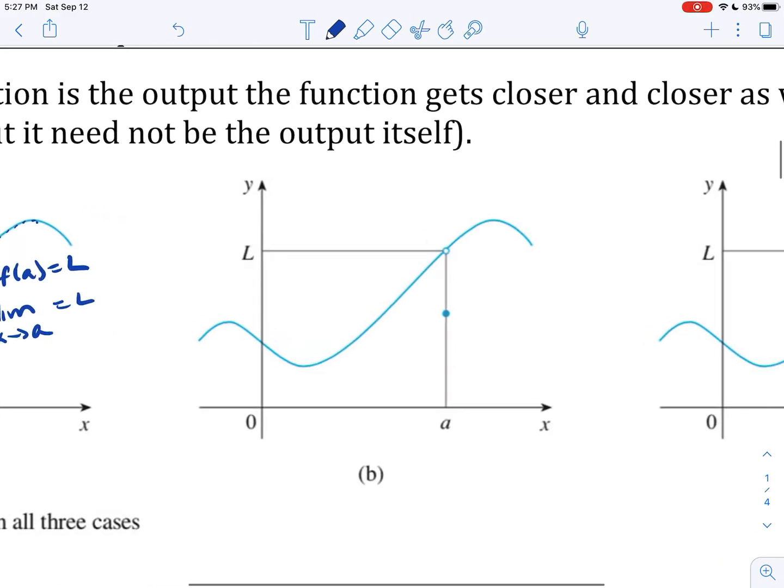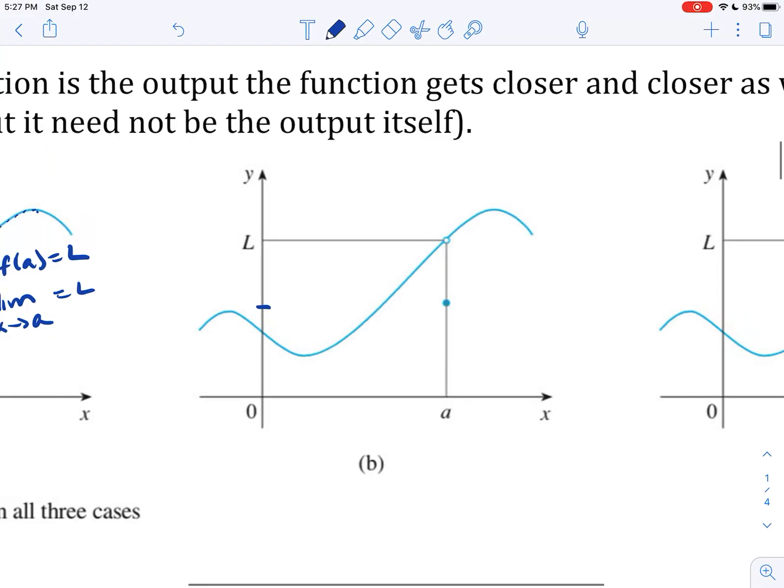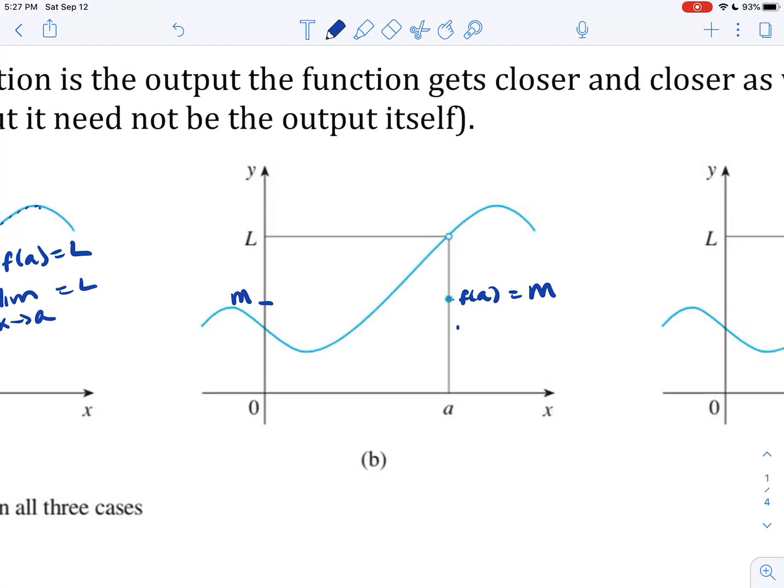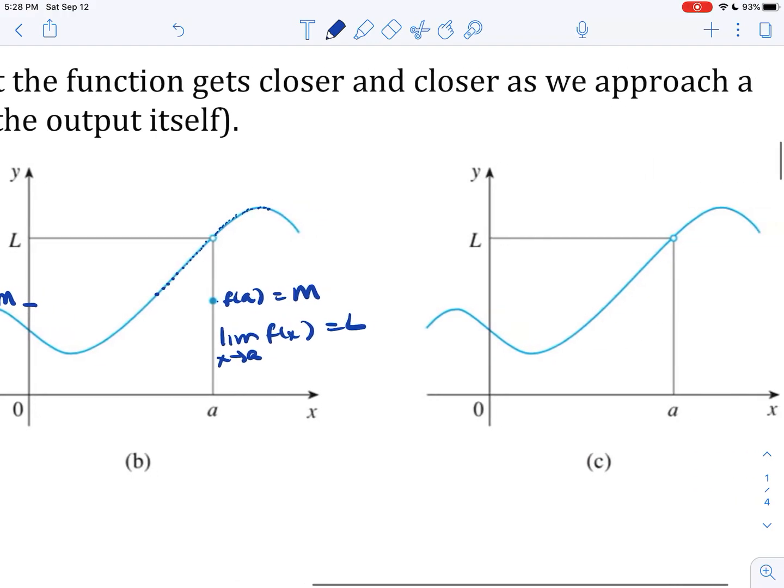In this graph, notice that this dot represents f of a, and let's say that's just going to equal a value of m, but the limit as x approaches a of f of x, if we look at our output values from the left and from the right, is approaching L. So we don't necessarily have to have the function output equal to L. We are just looking at the definition of the limit, where our outputs approach L, but L does not have to be the function output.